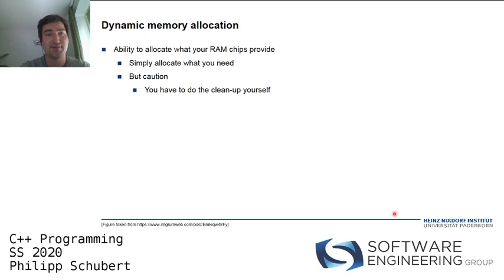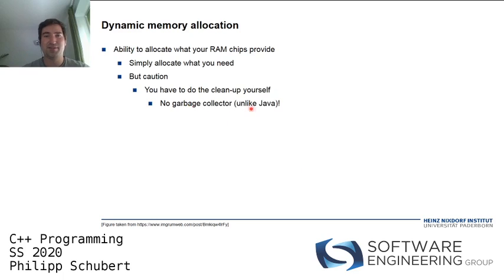So basically, once you're done with your computation, you have to tell your operating system again, hey, operating system, thanks for providing me those 2 gigabytes of main memory. I no longer need this memory here. Please free it and maybe give it to someone else who needs it more than I do. So you need to do the cleanup yourself. And this is kind of tricky.